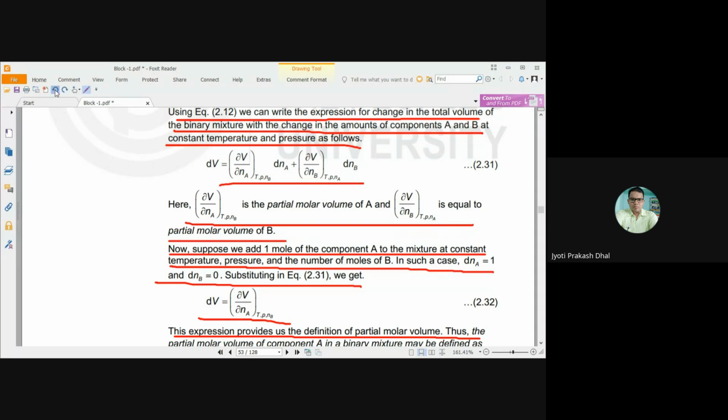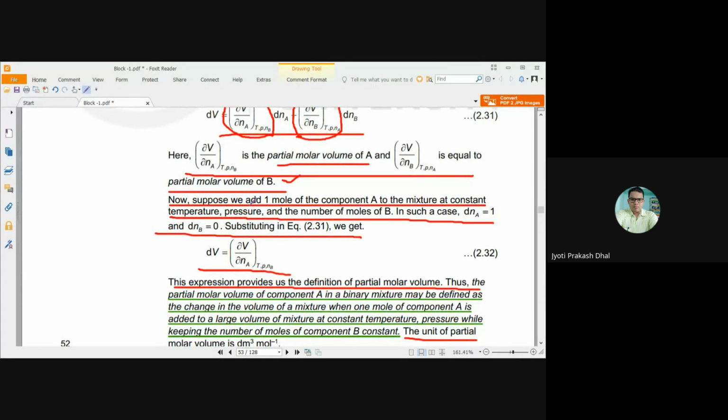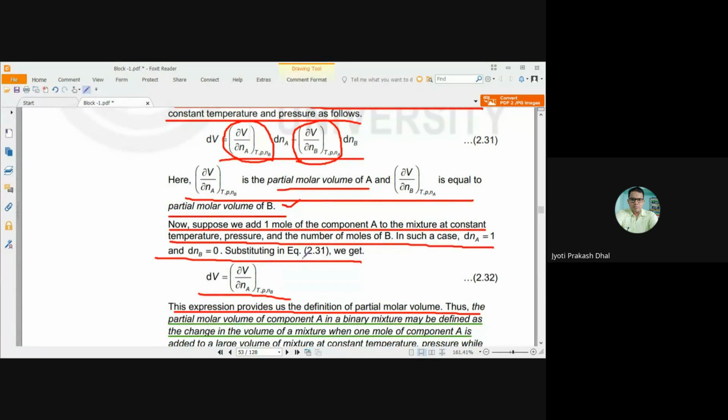The first term of equation 31 is called the partial molar volume of A, and the second term of equation 31 is called the partial molar volume of B. So we have derived exactly the same type of expression using x, and here in place of x we are taking V. That is called partial molar volume.